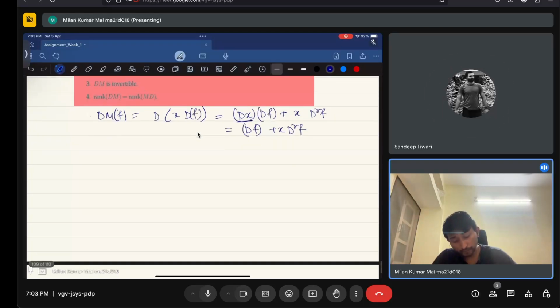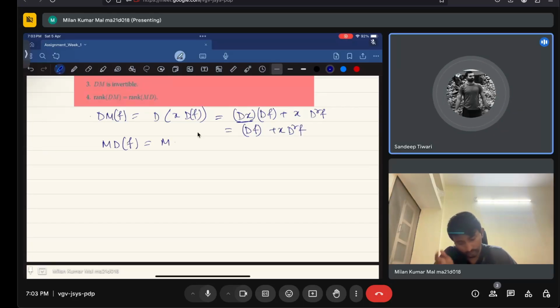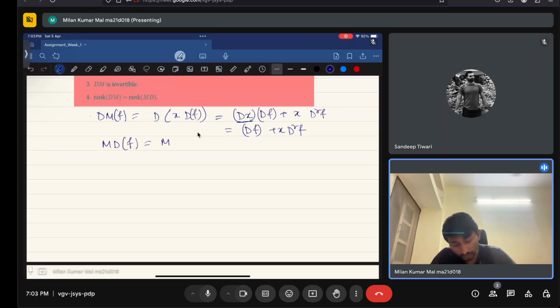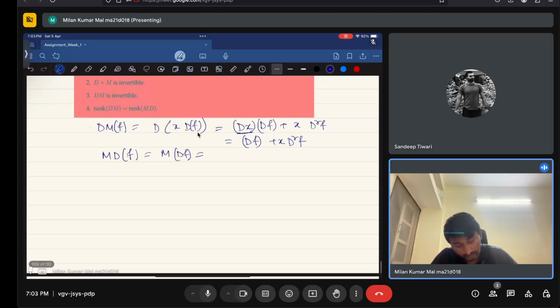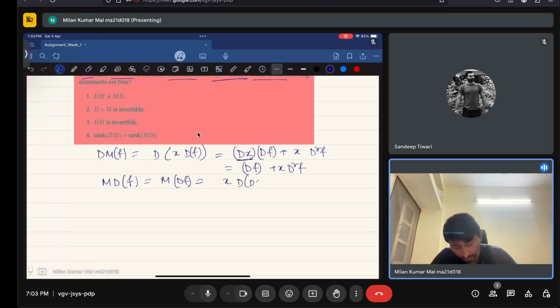And what is MD at f? That will be M into D of f, but M of something is equals to x into D of that, right? That is equals to x D square f.